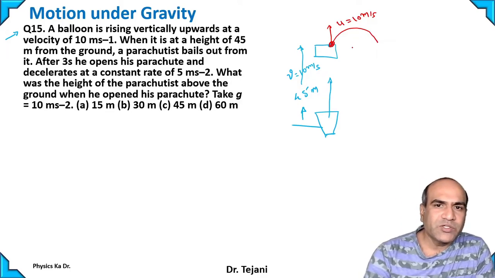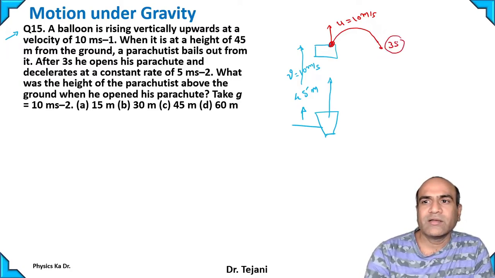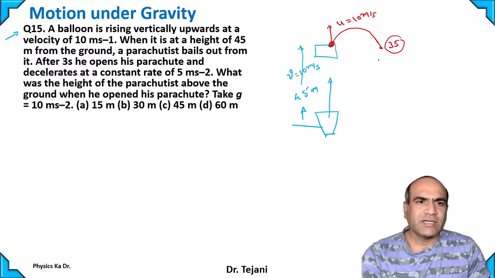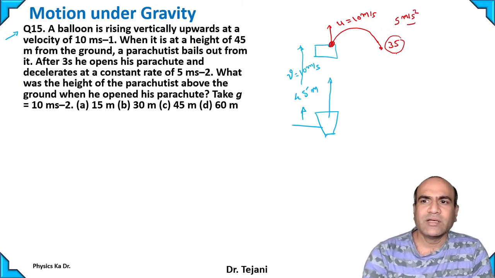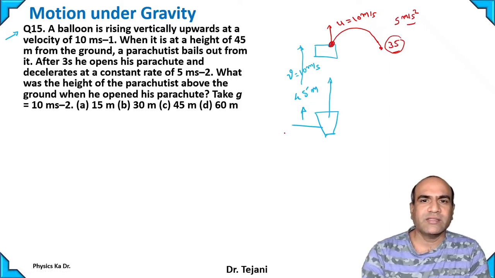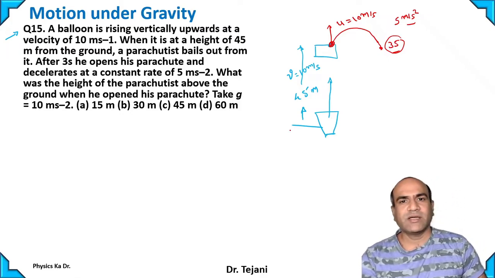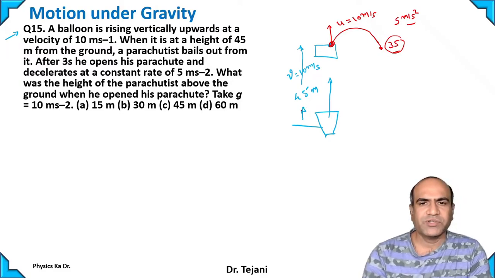The parachute opens after 3 second, and it decelerates at a constant rate of 5 meter per second square, because he opens the parachute and is moving in the downward direction. So after 3 seconds, what was the height of the parachutist above the ground? Great question.